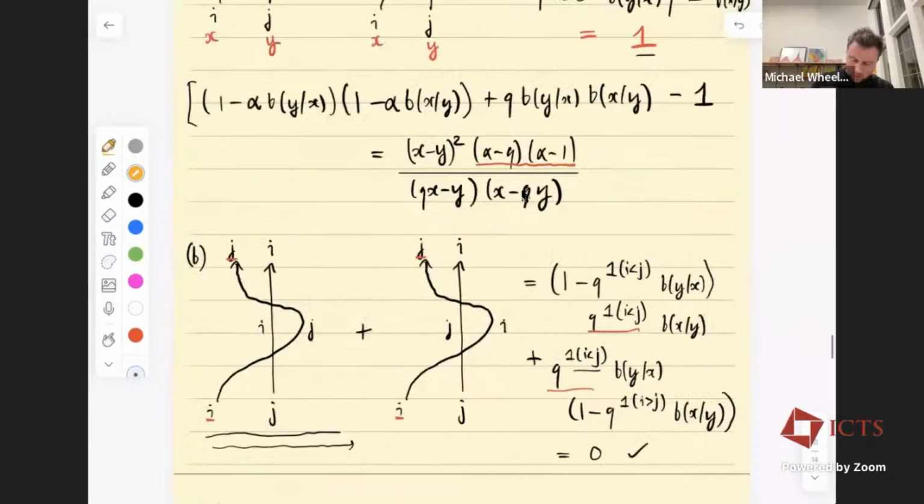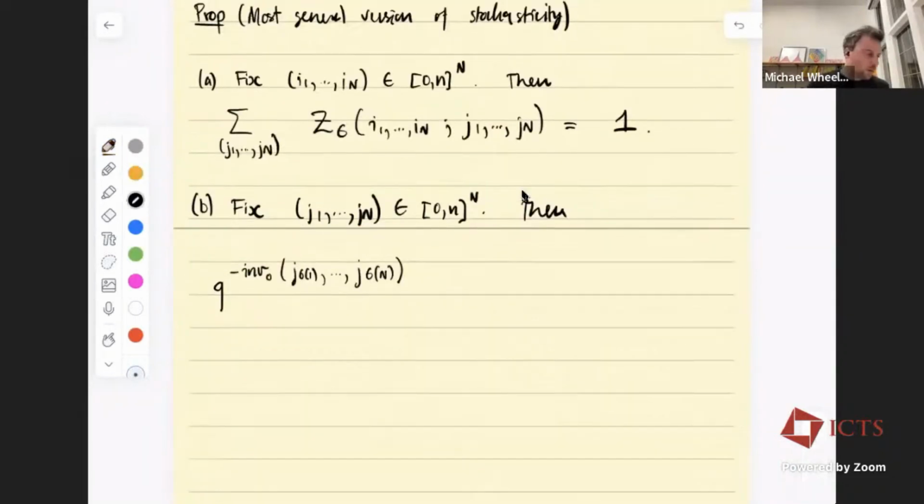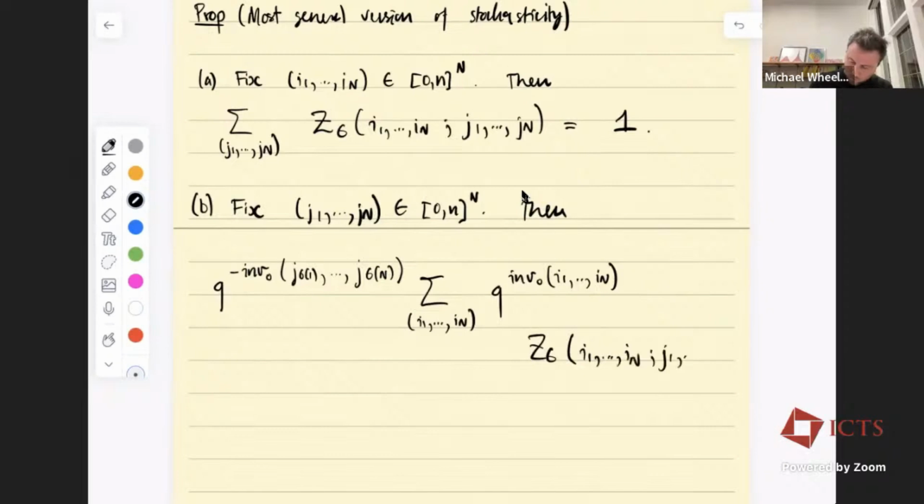So we get this overall q factor, and then a sum over i_1 up to i_n, of q to the inv sub 0 of i_1 up to i_n, and then just Z_sigma. And that again is equal to 1 for all j's.